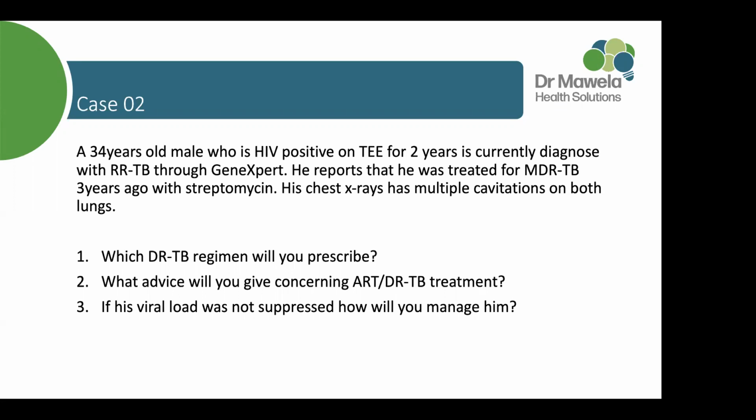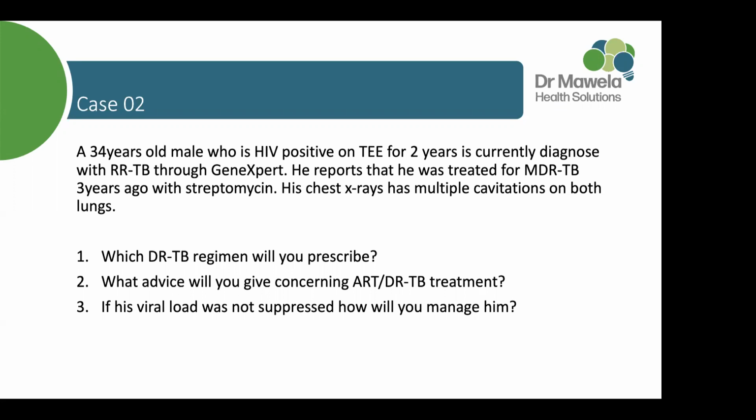Thank you, Dr. Muliva. Basically, this patient does not qualify for the short regimen because of previously being exposed to second-line drugs, and he's got severe TB, with multiple cavities. Then we must pay attention to drug-drug interactions, especially between efavirenz and bedaquiline.